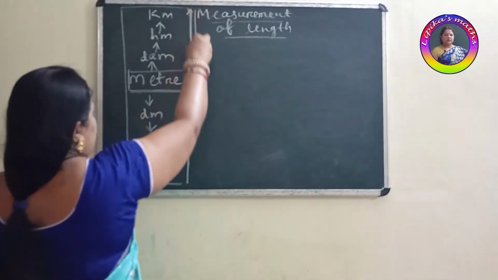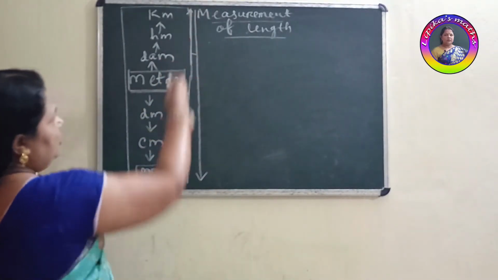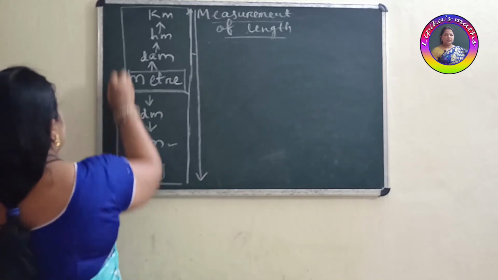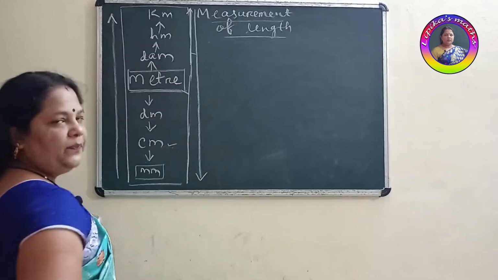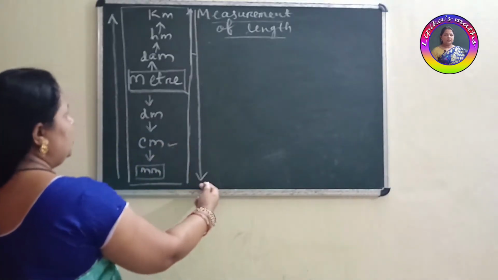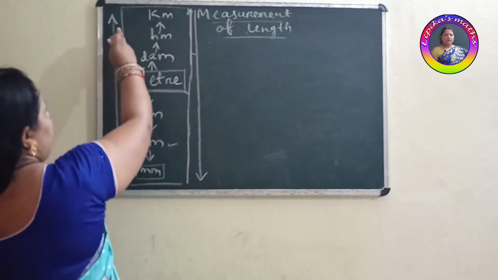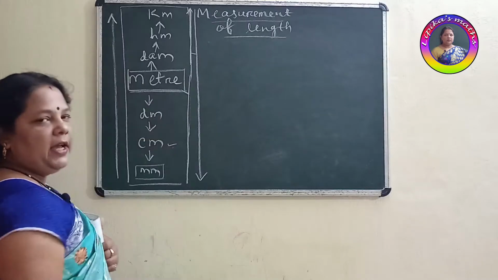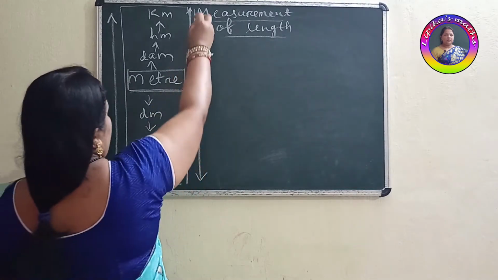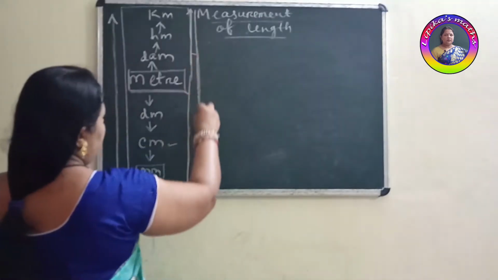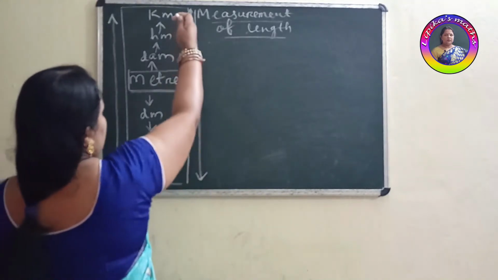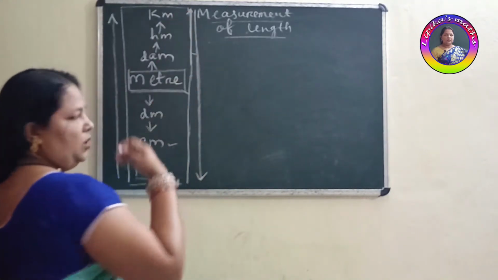So this is called your downward and this is called your upward direction. This is the conversion from higher unit to lower unit, and this is the conversion from lower unit to higher unit. So we will first discuss the downward direction, how we change higher unit to lower unit.